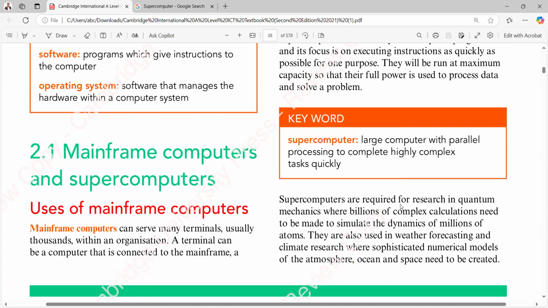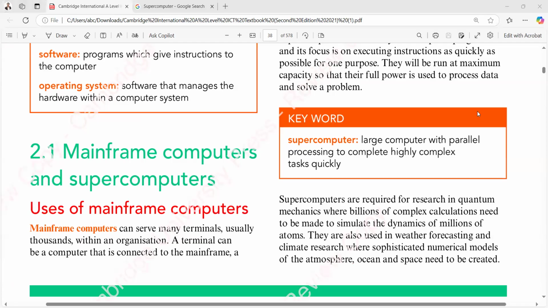Supercomputers are used for research in quantum mechanics, where you need to make billions of calculations to simulate the dynamics of millions of atoms. You might have seen this in industries, or chemical industries, or atomic production, things like this.